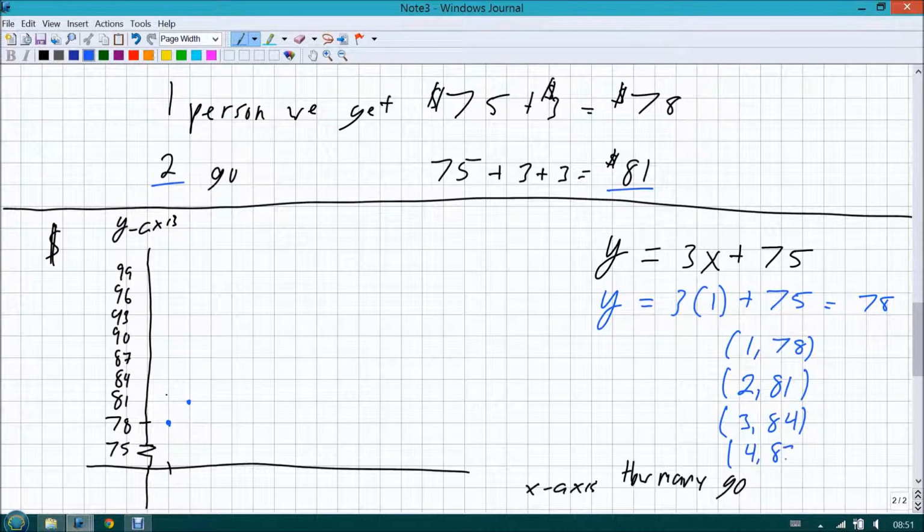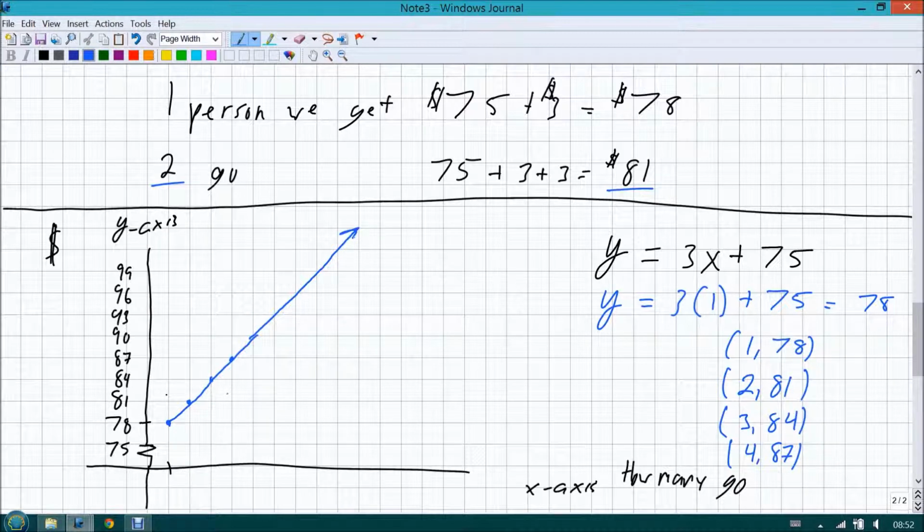Well, that'd be $87. So, do we see a trend? The answer to that question is yeah. We totally see a line that goes up and to the right at a rate of 3 up for every 1 over.